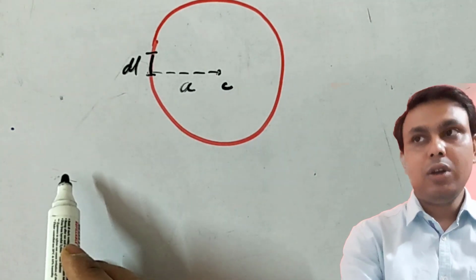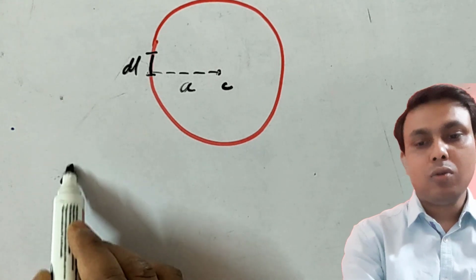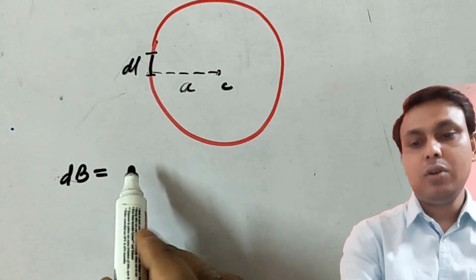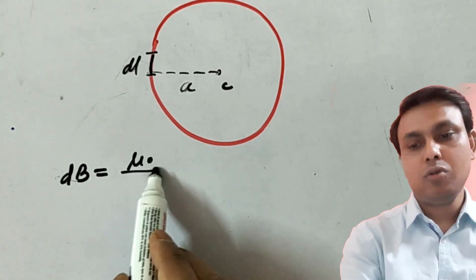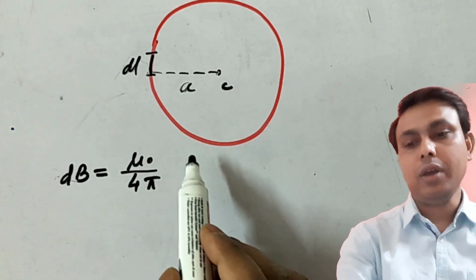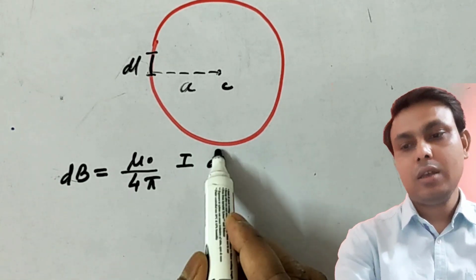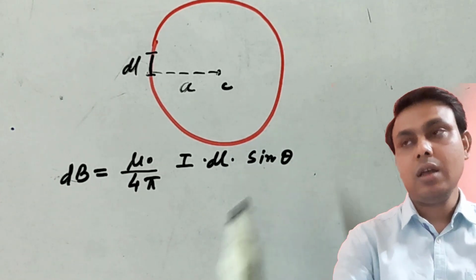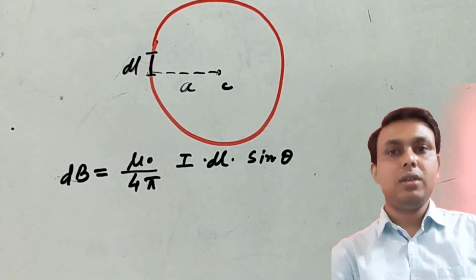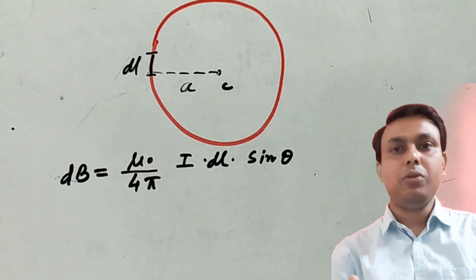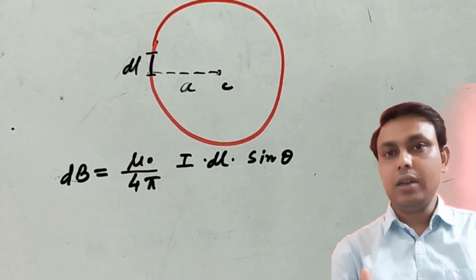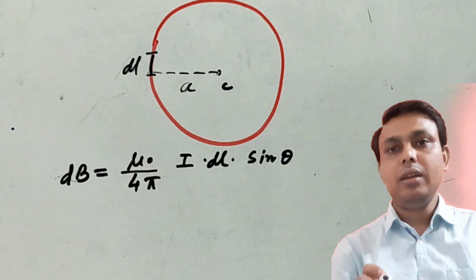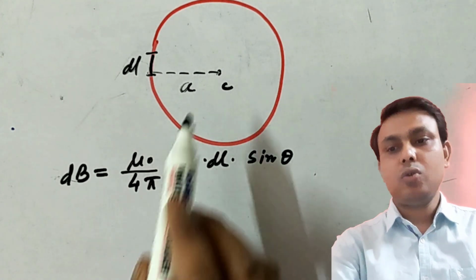Now according to Biot-Savart law, we know dB equal to mu 0 upon 4 pi I dl sin theta. But here you see, what is theta? Theta is the angle between the elementary current element and the line joining from current element to C.